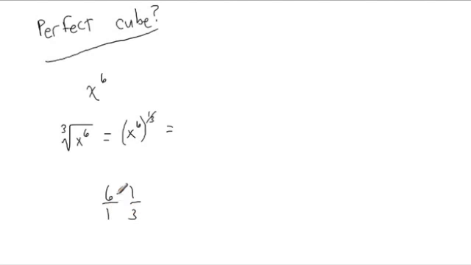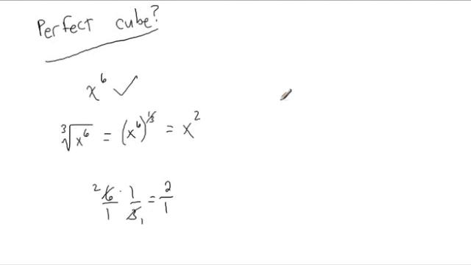I can cancel factors. 3 goes into itself once and into 6 twice, leaving me with 2/1. So 6 times 1/3 is 2, so this is x squared. Since the cube root of x to the sixth is x squared and my exponent is an integer, x to the sixth power is a perfect cube.